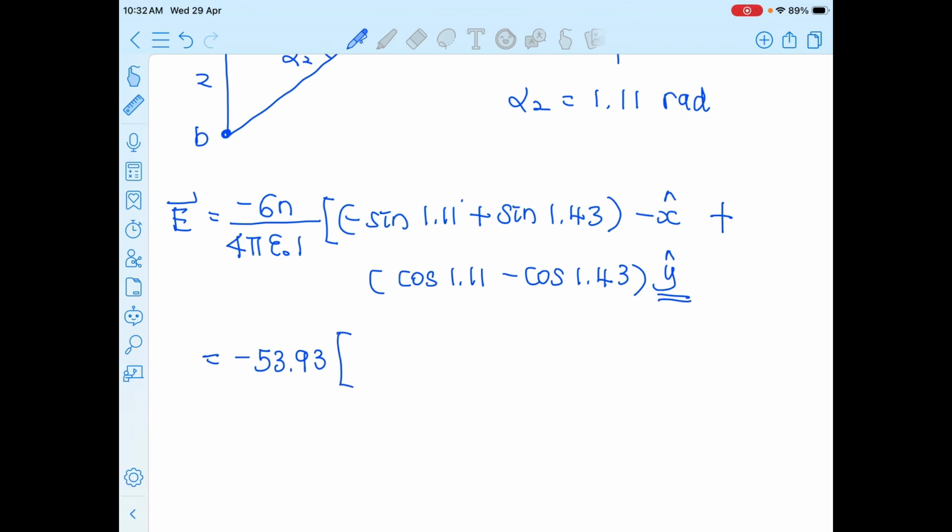Minus sine, so here I have 1.094 negative x, and plus 0.30 y.